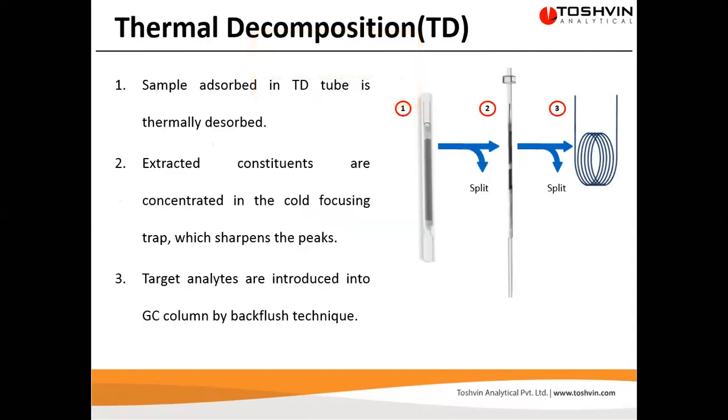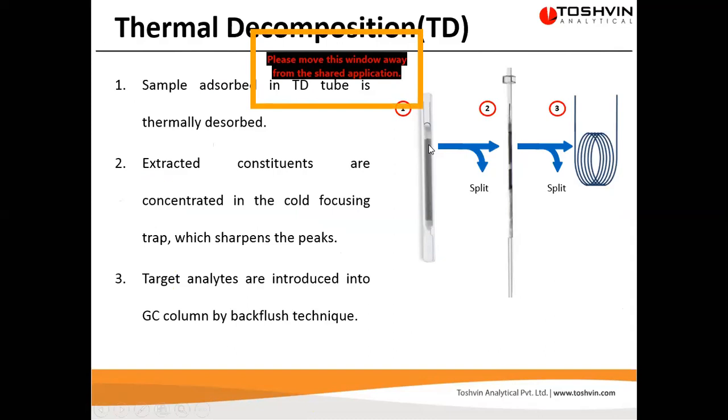A little bit about thermal desorption, TD. As I told you, this accessory is mostly used for air monitoring, for air analysis. In that we have this kind of TD tubes. There is an adsorbent over here. Other than this, we have some sampling device, so we can capture the atmospheric air onto this tube. The air will get adsorbed on this.